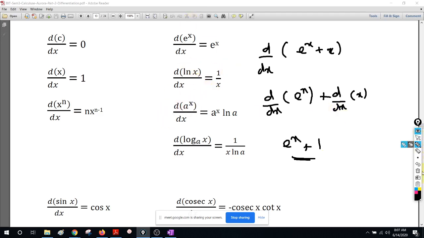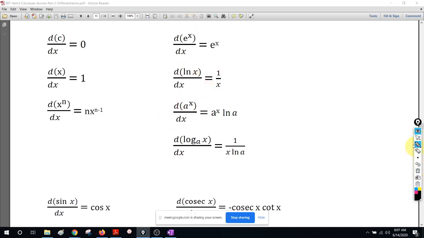So let's take one more example. Say you are asked to do this: d by dx of e^x plus ln x.